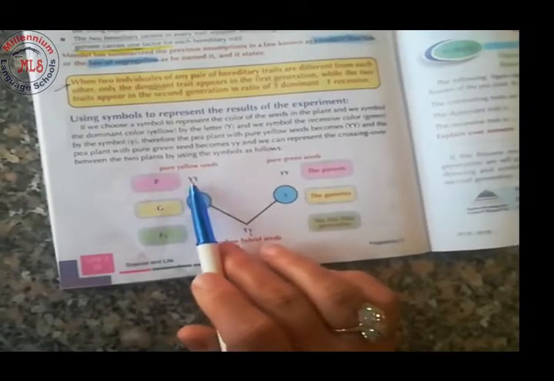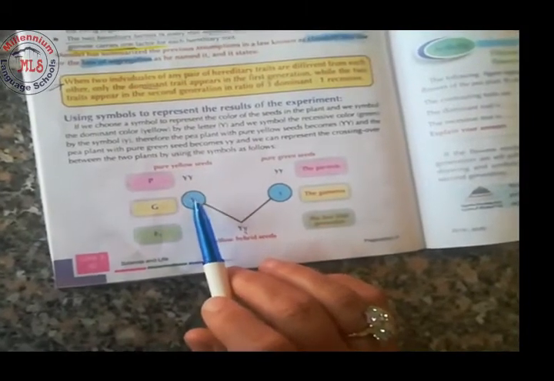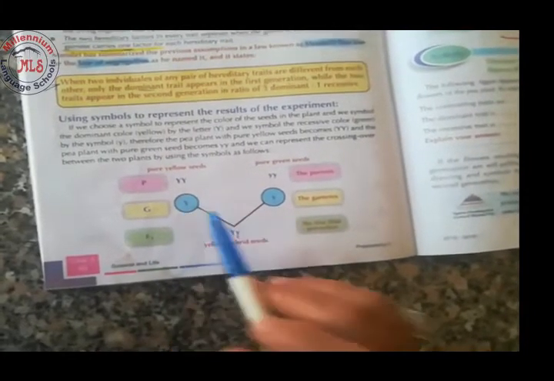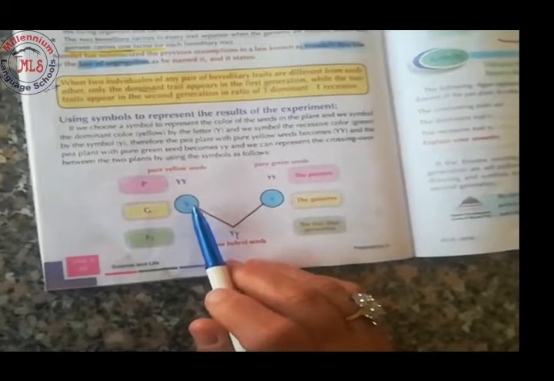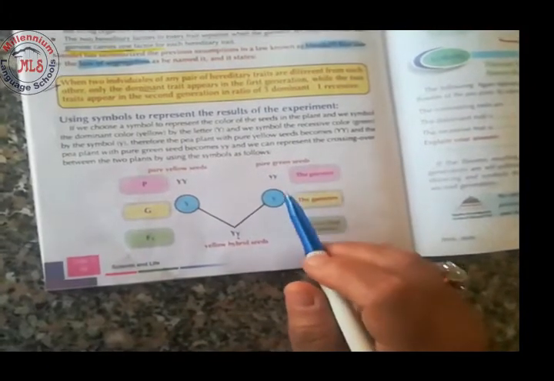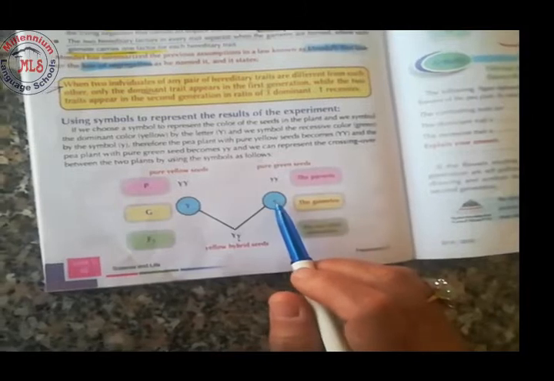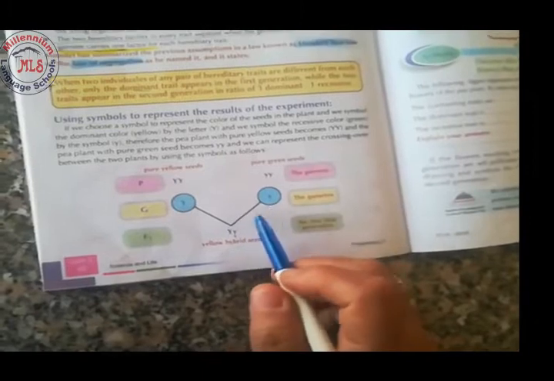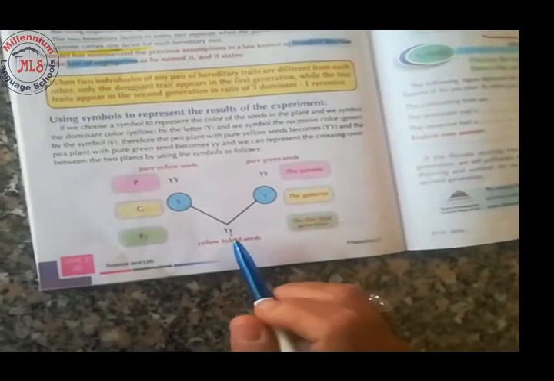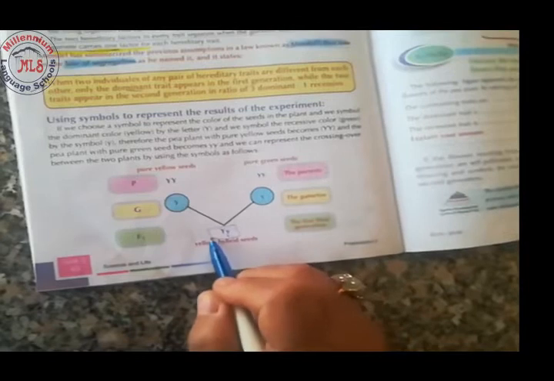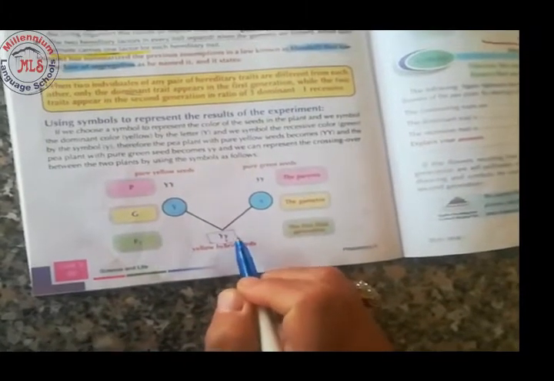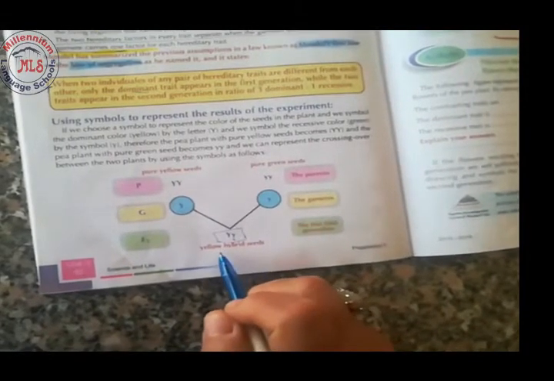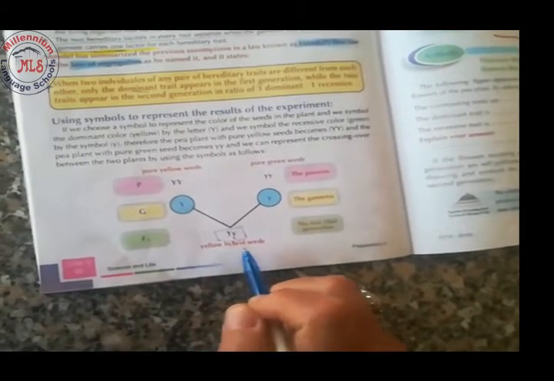This parent will give only one type of factor, which is yellow or capital Y, and the other one produces only one type of gene, small y. So in the first generation, all offspring will have the genetic structure capital Y, small y. That means all of them will be hybrid yellow, or yellow hybrid seeds.